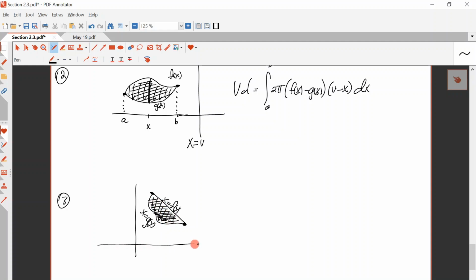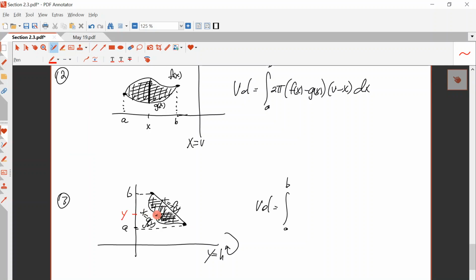And then if we've got a horizontal line, y equals h, and we're going to rotate around this line, then the volume of the resulting solid is the integral from a to b, where a and b are these numbers here. The height of the shell, so here the shell's height is right there.